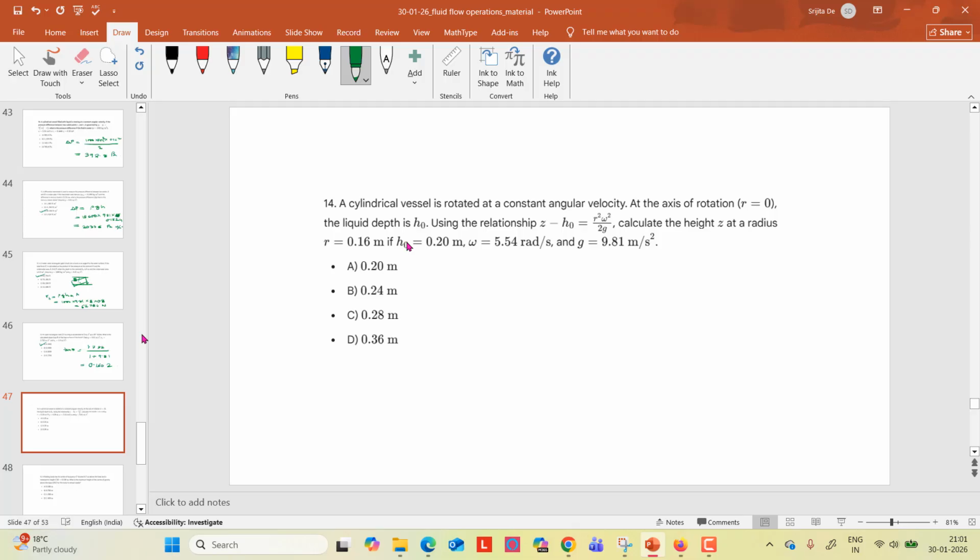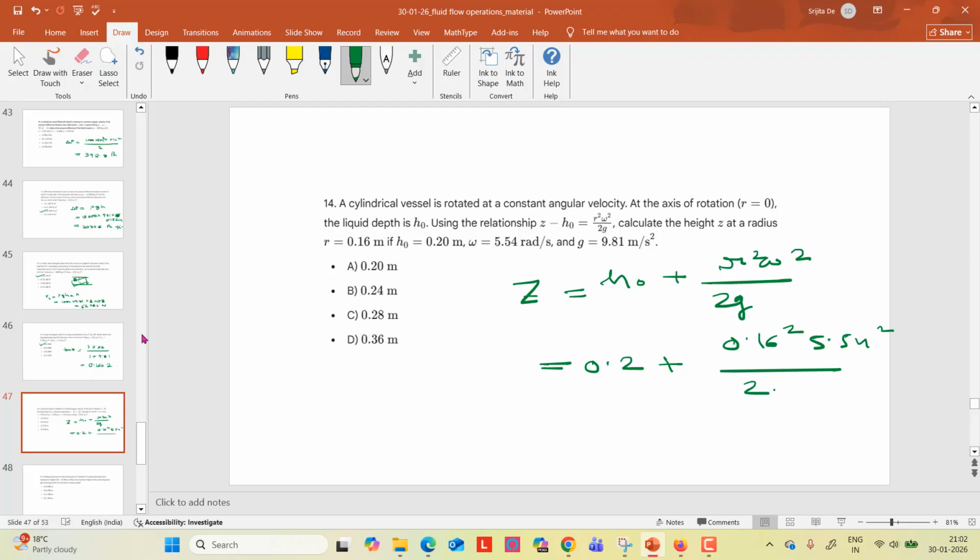A cylindrical vessel is rotated at a constant angular velocity about the axis of rotation. The liquid depth is h naught. Using the relationship, calculate the z at radius r if h0 is 0.2. Okay, so this is pretty straightforward. So z will be h0 plus r square omega square by 2g, 0.2 plus 0.16 square, 5.54 square, 2 into 9.81.